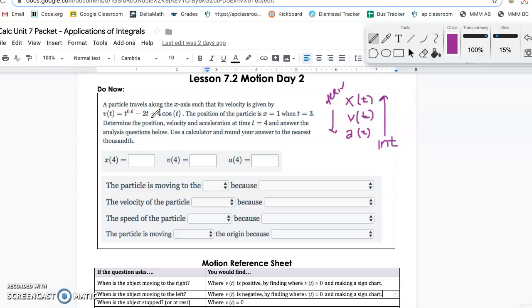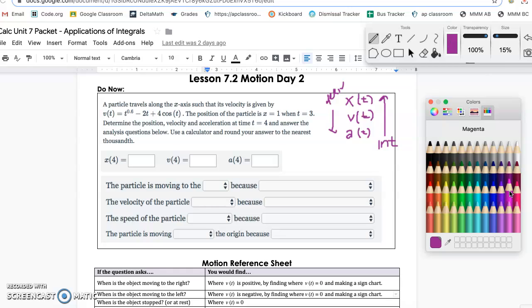So first thing is I know I'm given the velocity, so I'm starting right here. I'm just going to circle that so I know where I'm starting. It says determine the position, velocity, acceleration. For position, I'm going up, so I'm taking the integral.